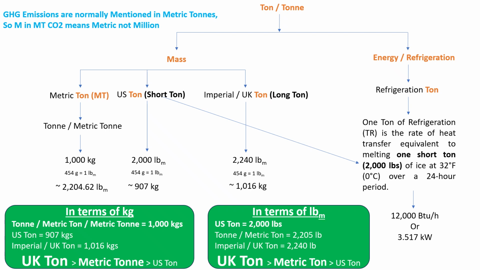Hopefully this makes you a lot clearer on these terms for mass or energy, or even the different denotations within mass as well. Hopefully you will find it useful in understanding and using the term ton for mass or energy.